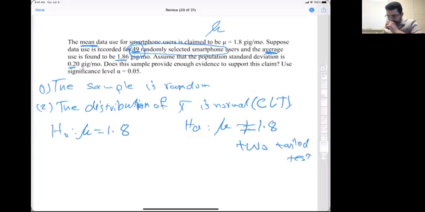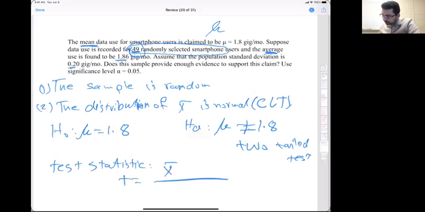Now calculate the test statistic. T equals x bar minus mu naught, divided by s over square root of n.